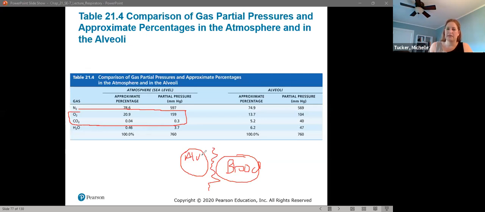So on the alveolar side, the partial pressures are 104 millimeters of mercury for oxygen and 40 for carbon dioxide. So these are the partial pressures in the alveolus.